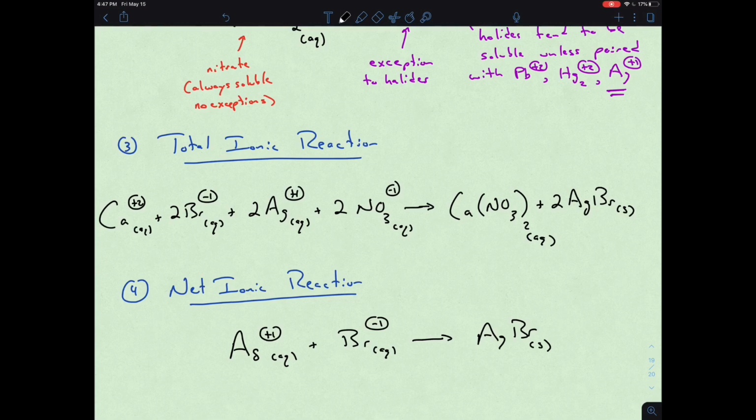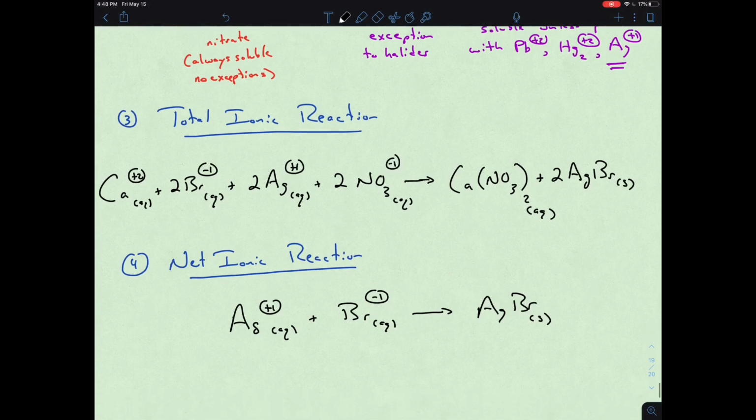So even though above we see those 2's in front of the silver and the bromine, that's because of the calcium and just the balancing of that particular reaction, for the total setup. Here we just have these ones, silver +1, bromine -1. So it's just a 1-to-1 feature here. And so there is our net ionic reaction.